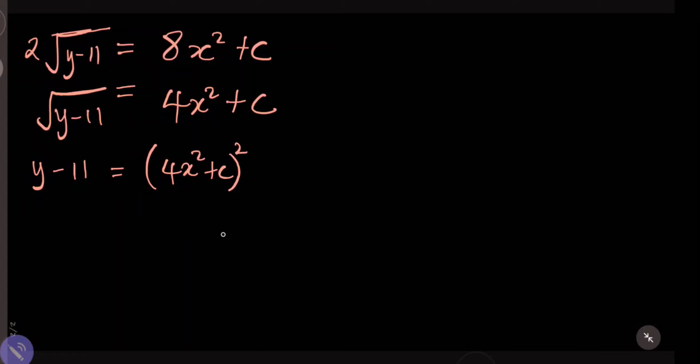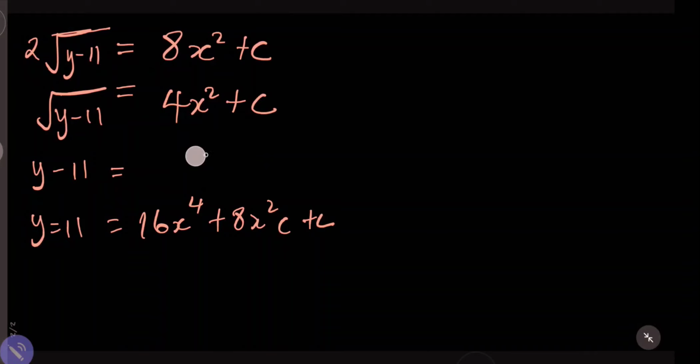And when you expand this, you're going to have 4x squared times 4x squared. This is 16x raised to power 4, plus 8x squared c, plus c squared. So this is what you have.